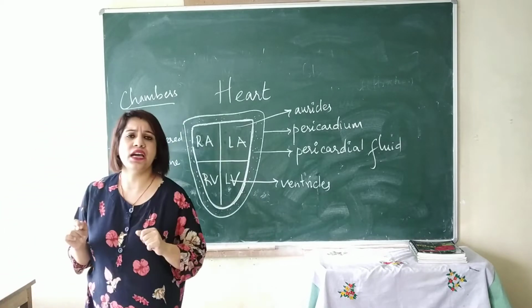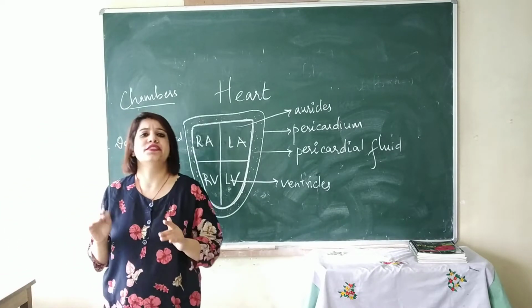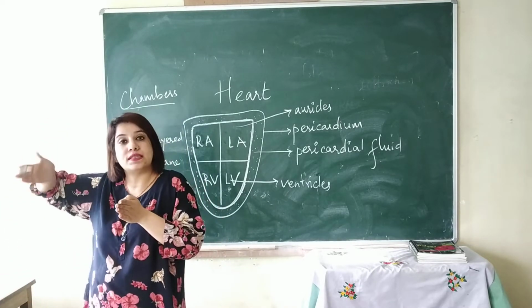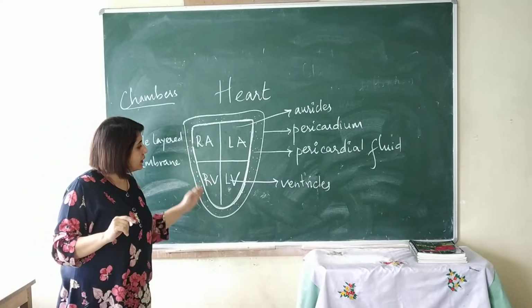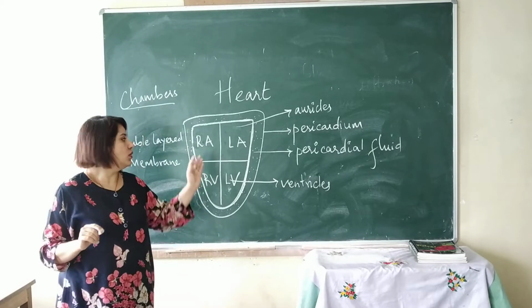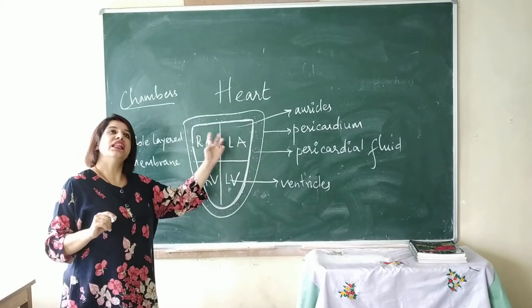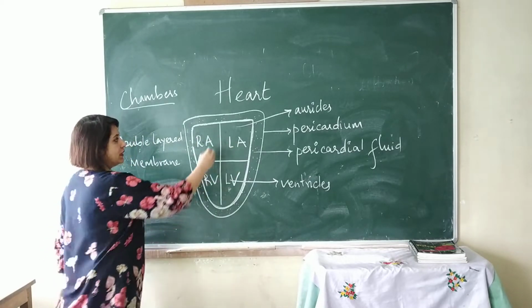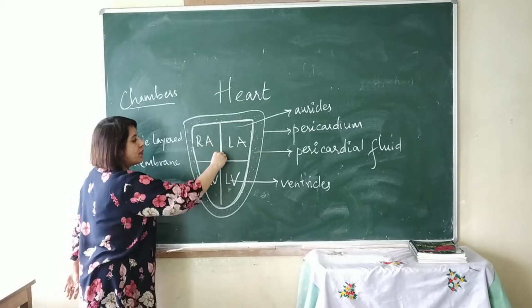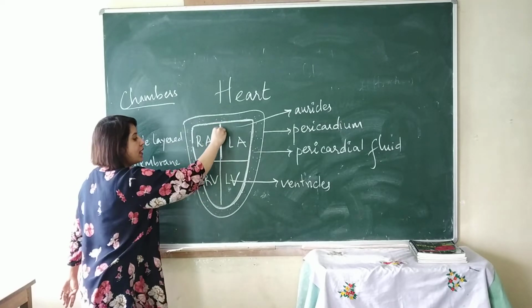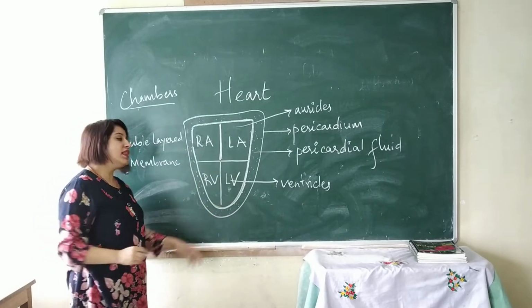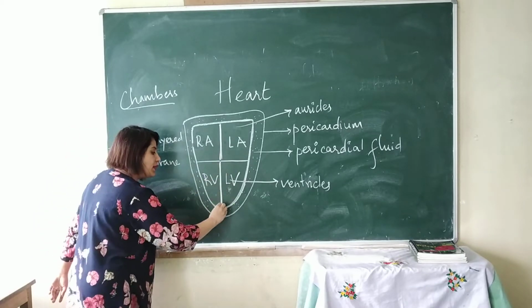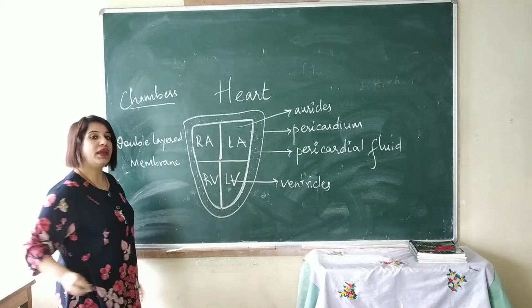Now even in your house, your rooms are divided by walls. The walls separate the rooms. Similarly, in the heart also, the right auricle and the left auricle are separated by a thick membrane. Similarly, the right ventricle and the left ventricle are separated by a thick membrane.